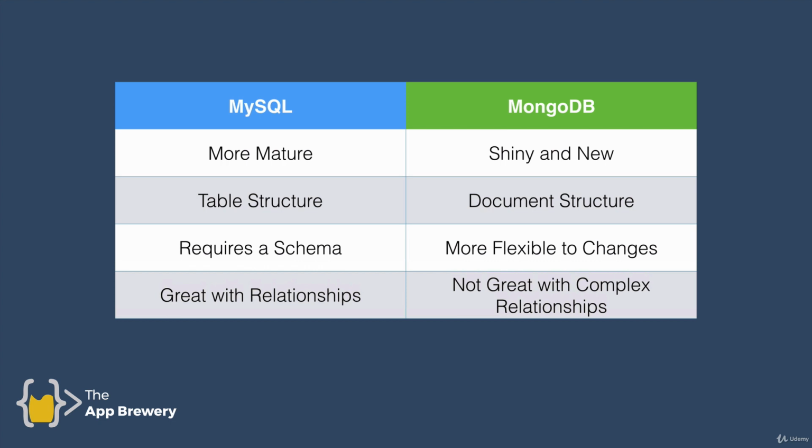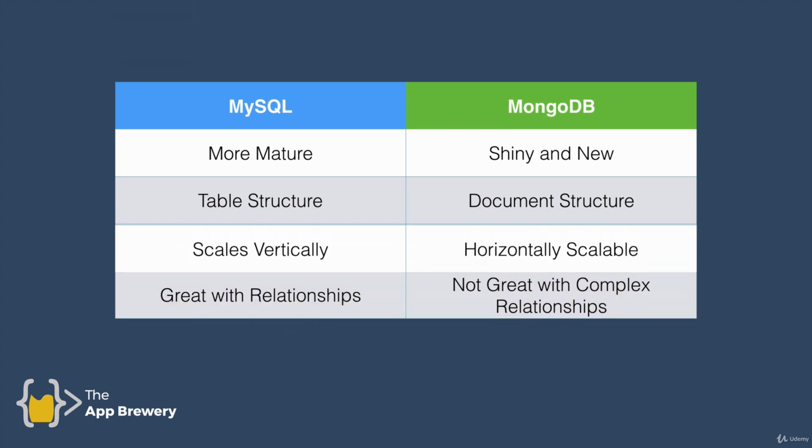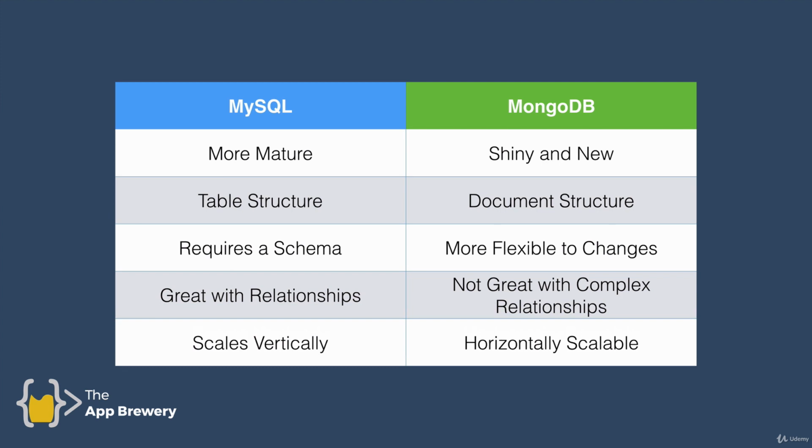Whereas with something like MongoDB, it can manage simple relationships, but it's really not great when those relationships start to get complex. And when you have data in MongoDB that's linked up with complex relationships, the speed and efficiency can quickly go down.